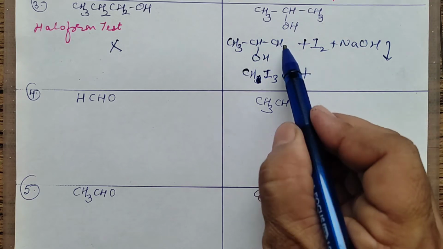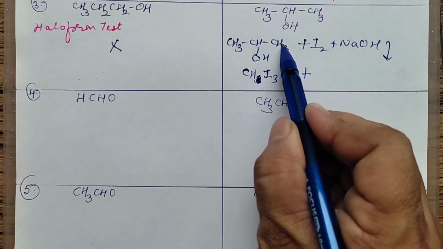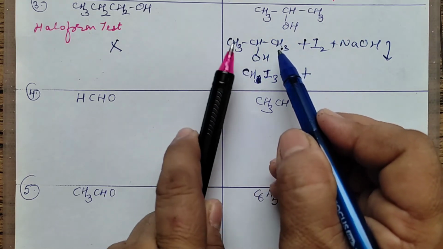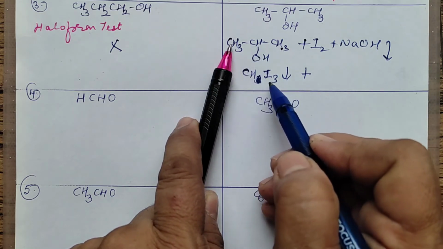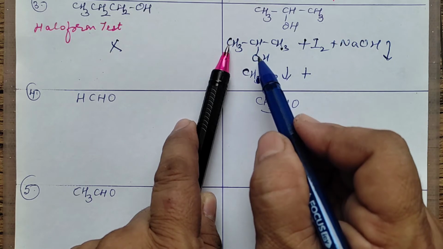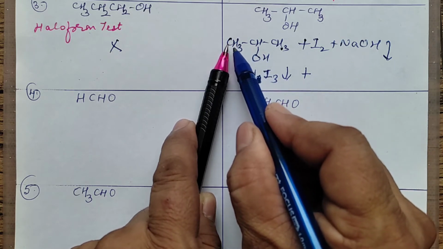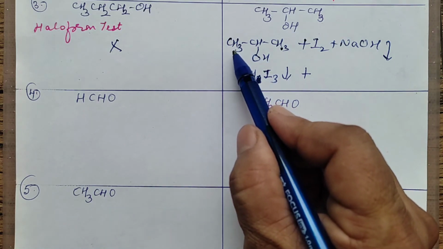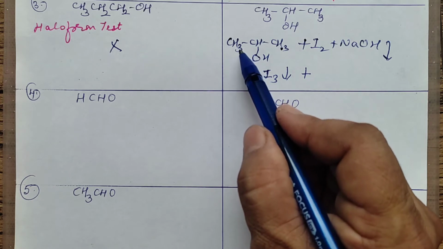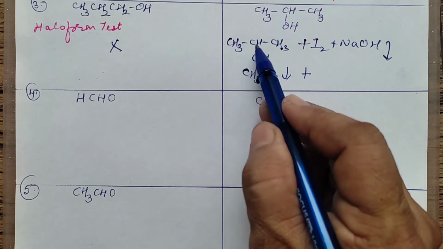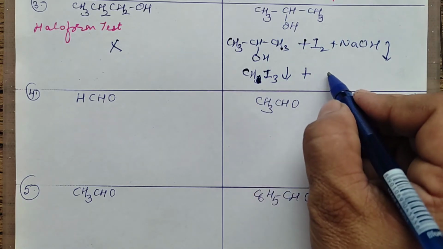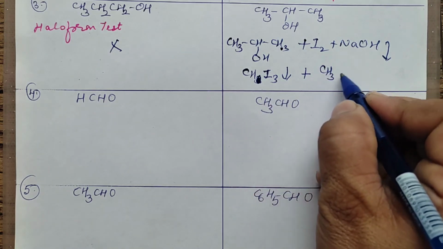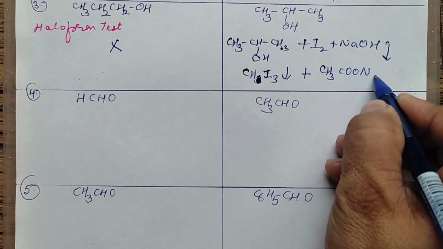Now apart from that, what you are getting, just see, this is CH3, this one, 2 carbons, this will be forming iodoform. Okay, so what exactly it is, this will get oxidized to form first ketone, and then that CH3CO part will form this, and apart from this what you are getting is CH3COONa.